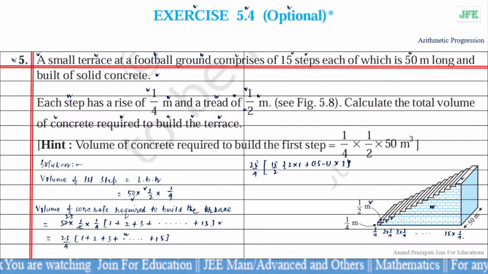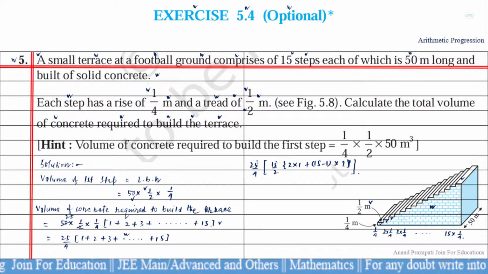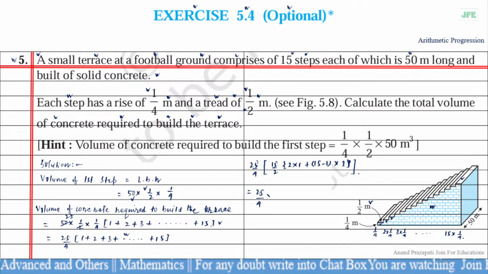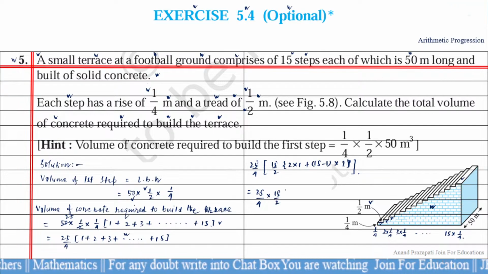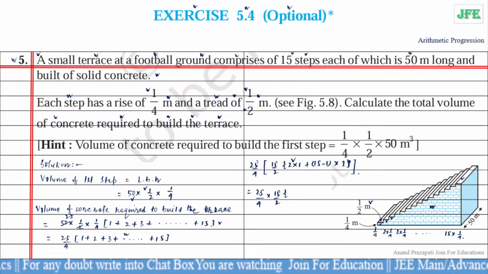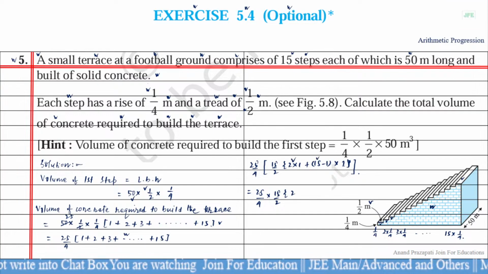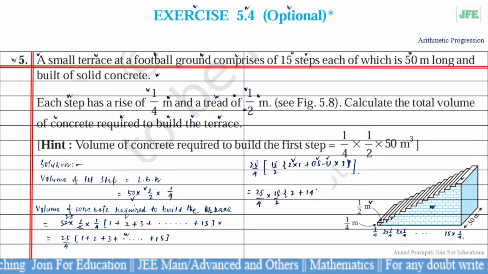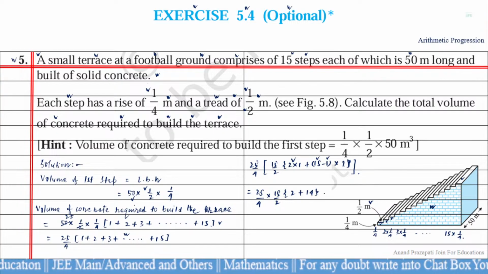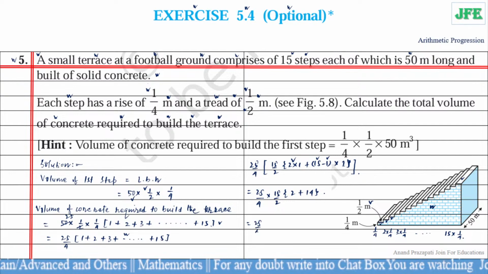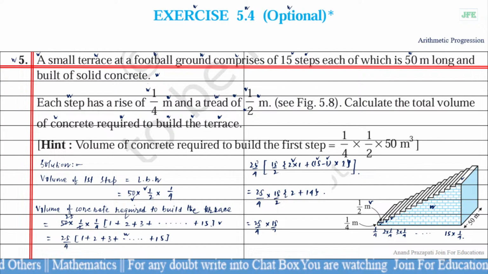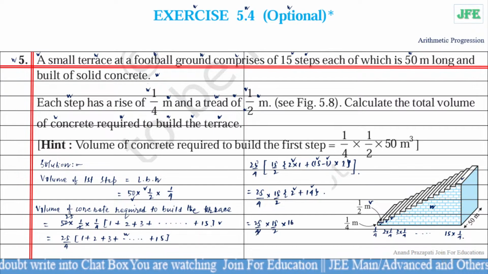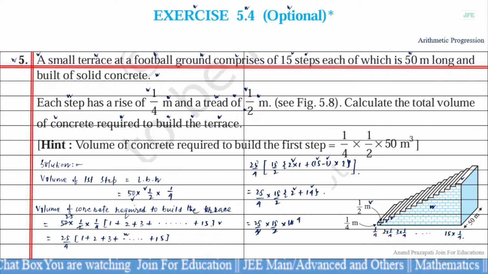Of that there is no problem to understand up to this step. So here will be 25 by 4 into 15 by 2 into (2 plus 14 into 1), 15 minus 1 equal to 14, so 2 plus 14 equal to 16. 4 into 4 is 16, 2 into 2 is 4.